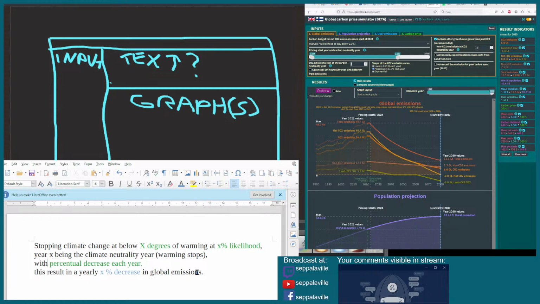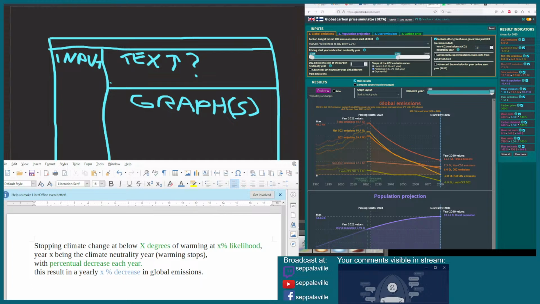I have done the math here so far on the right, which shows how we end up with this, but it doesn't show how the percentual decrease is calculated, and I'm not sure how much I want to show it here in the text.